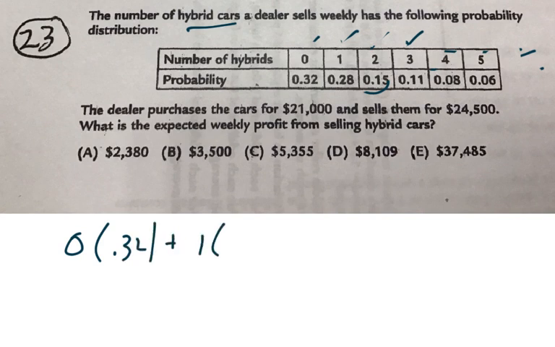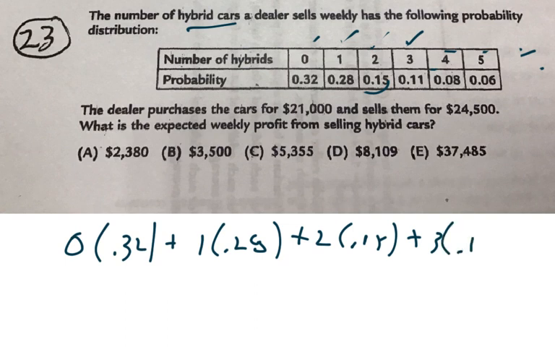One car a week is sold 28% of the time. Two of these hybrids are sold 15% of the time. Three hybrids are sold 11% of the time. Four hybrids are sold 8% of the time. And finally, 5 hybrids are sold 6% of the time.